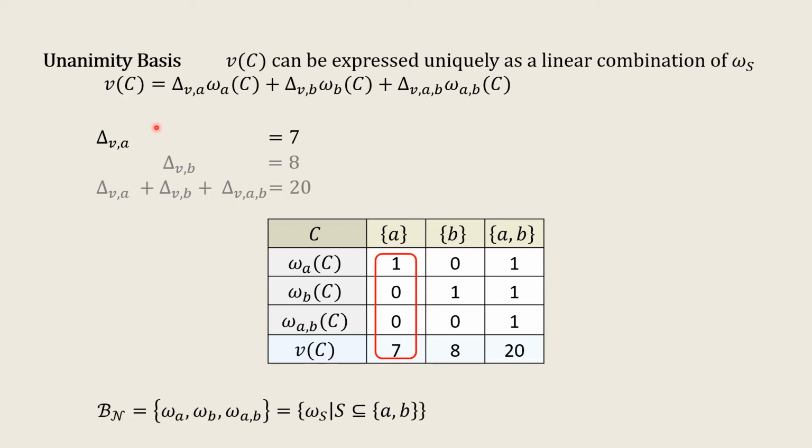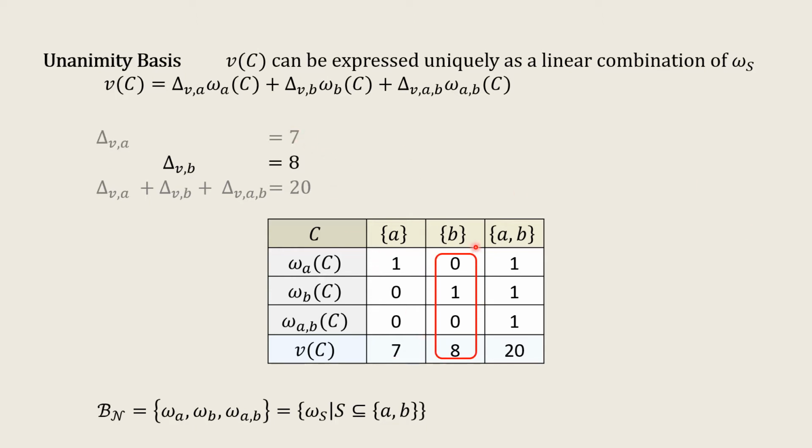Now we consider the coalition of A alone. So the omegas are omega A equals 1, omega B equals 0, omega AB equals 0. So plugging in these values, omega A equals 1, omega B and omega AB are zeros, whence V of C, which is equal to 7, is simply delta A. So delta A equals 7.